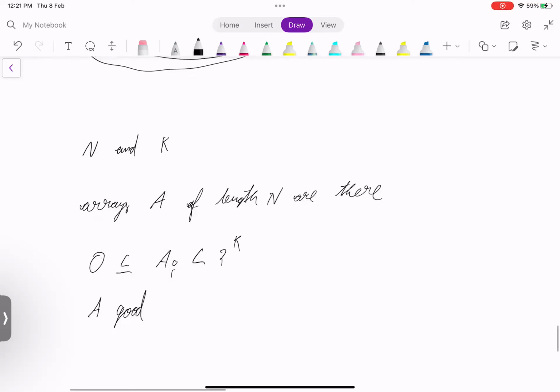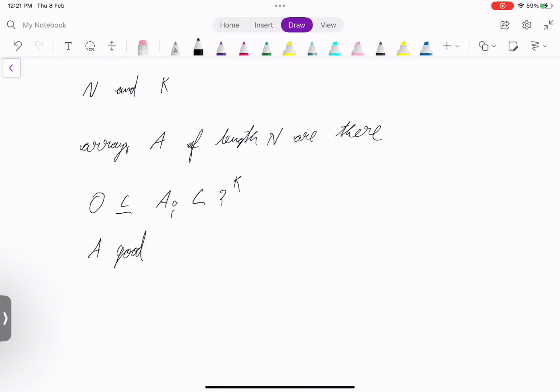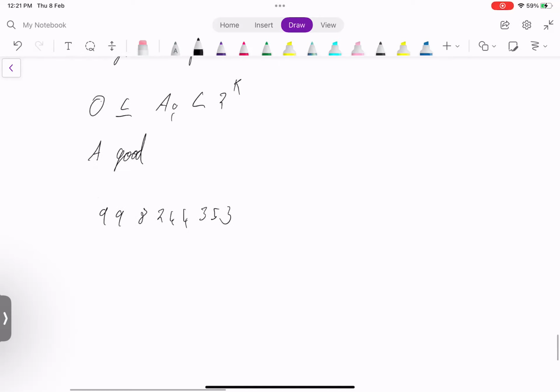So how many such arrays A are there for a given n and k? This can be very large, so we are given a mod value, which is 998244353. So we should print the value modulo 998244353.